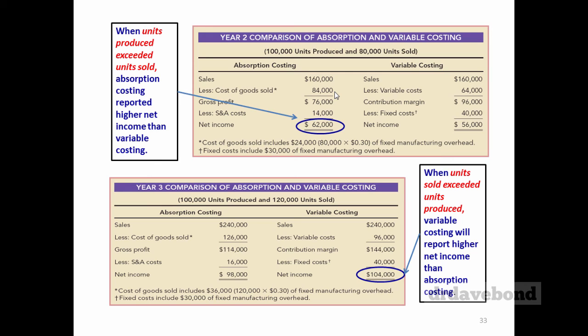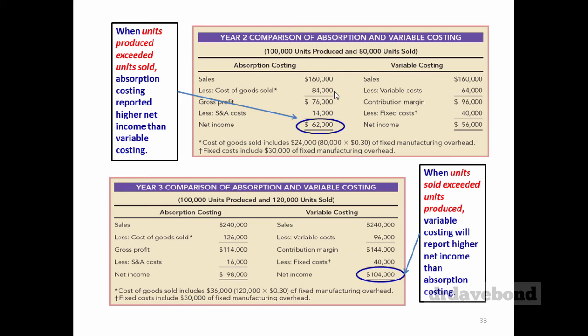So variable, 30 cents and 80,000. This is your direct materials, 30, 80, 30, 80. That's the same. 35, 80 for direct labor, 35 cents at 80. That's the same. Variable overhead, 10 by 80.